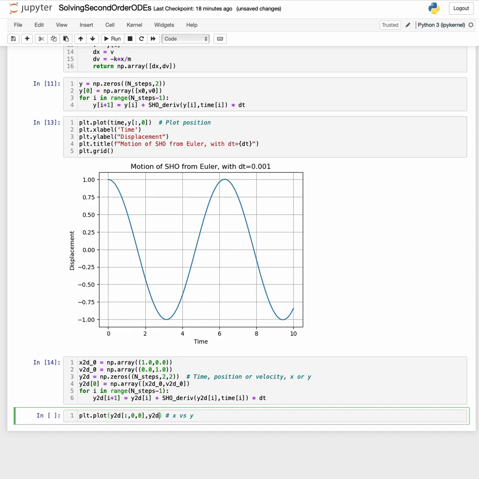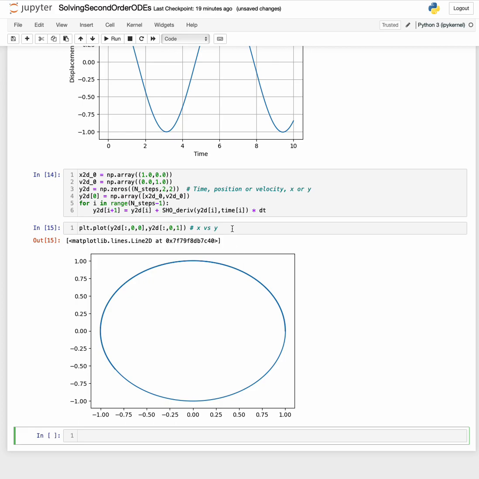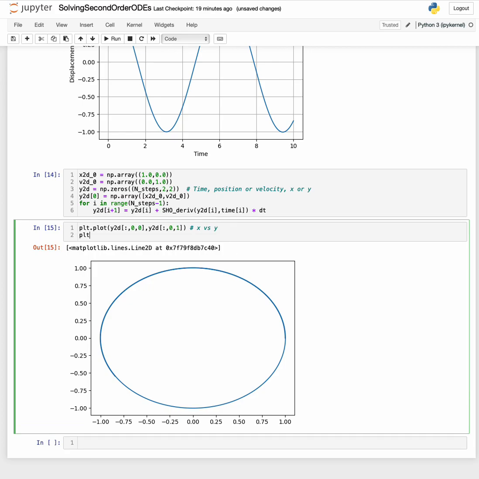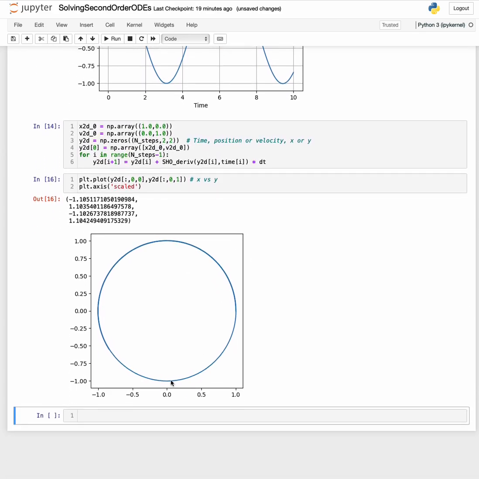And then I'll put y2d of colon, comma 0, comma 1. Okay, so that's selecting the x and the y components of the position. I'm plotting x against y, and what do I get? Well, look at that. Well, okay, so it's squished. Let's change the aspect ratio. It's a circle.